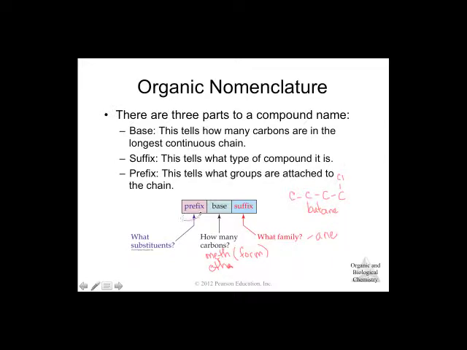That's what the prefix is about. It's about substituents, what we call these other groups other than hydrogen that are bonded to the basic carbon chain. So in the case of this one, it would be 1-chlorobutane, because I'm saying which carbon the chlorine is on. We are going to go through the rules for how to do this over the next few slides.